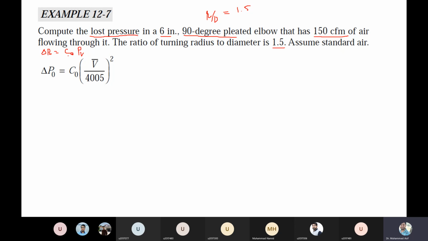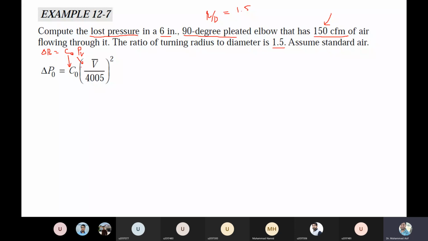C naught depends upon the type of fitting, and PV we already calculated. For this we need the velocity. The flow rate is already given, which is 150, so there is no problem getting the value of PV.